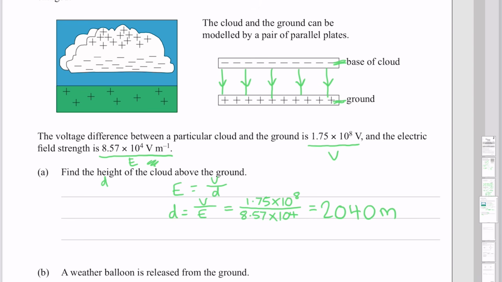Because they don't get closer together or further apart, that means that the electric field strength is the same throughout the entire distance here. The electric field strength is going to be the same here, as it is here, as it is here, as it is here. Okay, so the electric field strength is just this, no matter where you are.